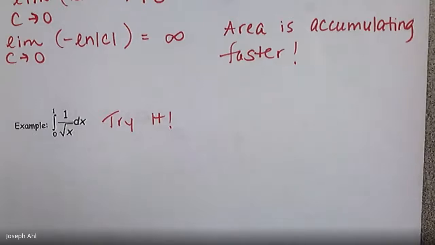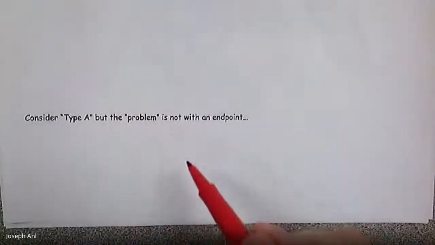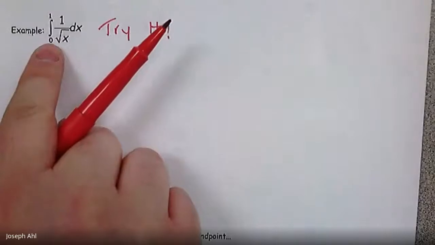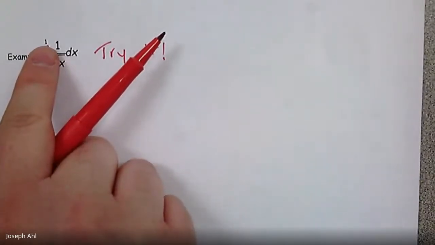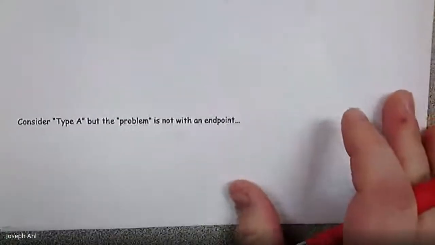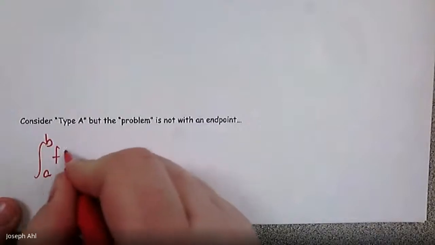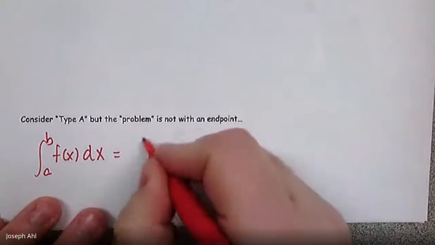Okay. So what we're going to get into in the next page is more type A examples, but what if the problem is not at an endpoint? For all the examples we've done so far, the problem happens to be at x equals 0, or for the very first one today that we didn't compute, the problem is at x equals 1. So if the problem is at some interior point of the integral from a to b, wherever the problem is, you're just going to break it up into 2 parts, right?